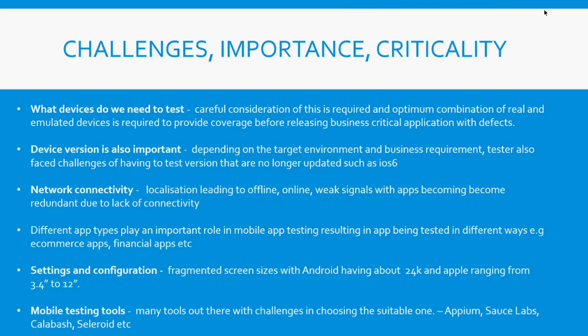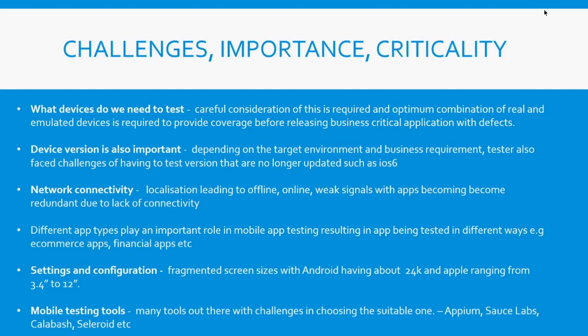There should be careful consideration of what is required, and one of the things you should do as a tester is to have a combination of real devices and emulated devices so that you provide enough coverage, which is critical before the product is released, and which minimizes defects as well.